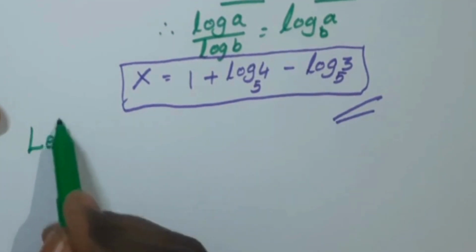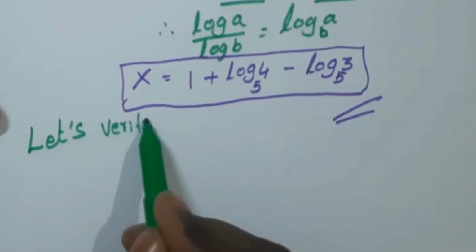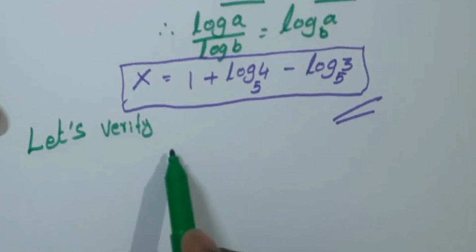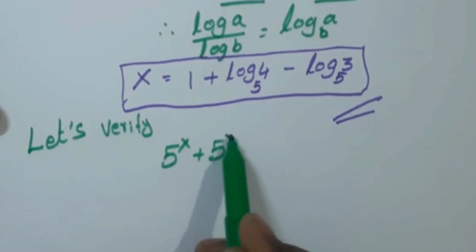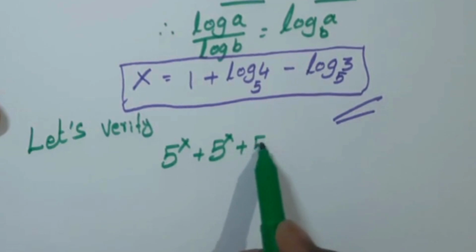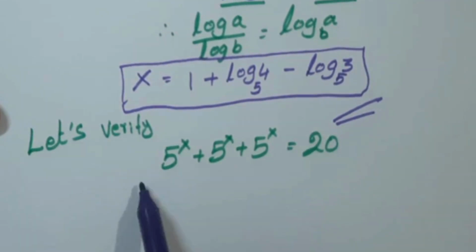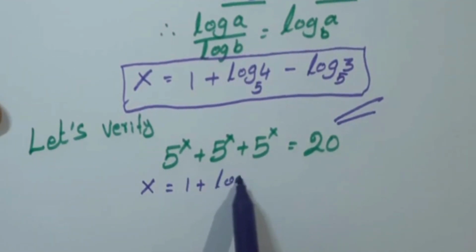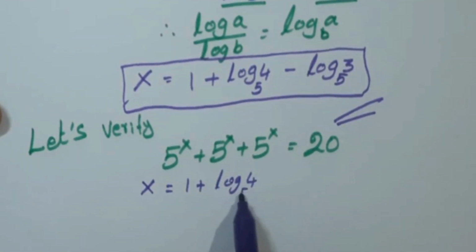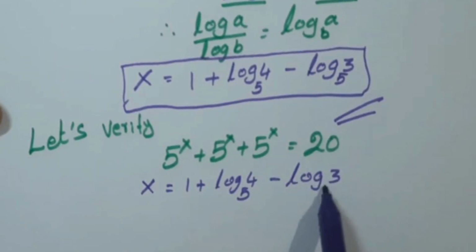Now let us verify with the equation that 5 to the power of x plus 5 to the power of x plus 5 to the power of x equal to 20. X equal to 1 plus log 4 base 5 minus log 3 base 5.